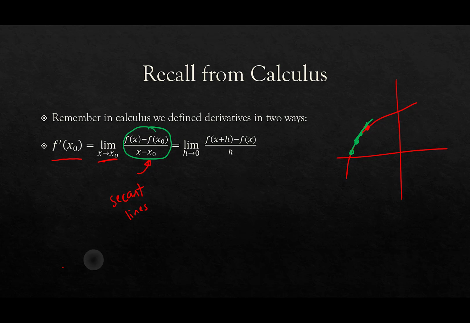But remember from calculus, there's also another definition. Going back to red, if we make the substitution h equal to x minus x naught, then we can take this limit and turn it into what you maybe remember more, the limit of the difference quotient.